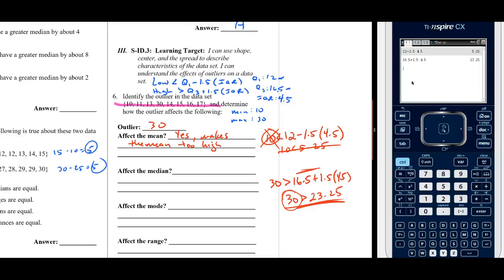Does it affect the median? Well, the median is just the middle number. So whether that last number in the list is a 30 or a 29 or a 28 or a 23, it's not going to affect the middle of the data set. So the outlier will not affect the median.